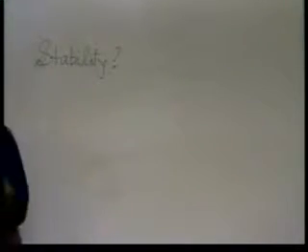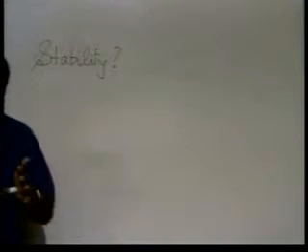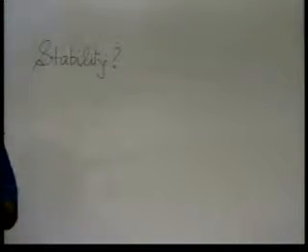Similarly, we realize that stability or the absence of it relates to the fact that when you have a bounded input, the output is also bounded. So we need to look at a bounded input first.